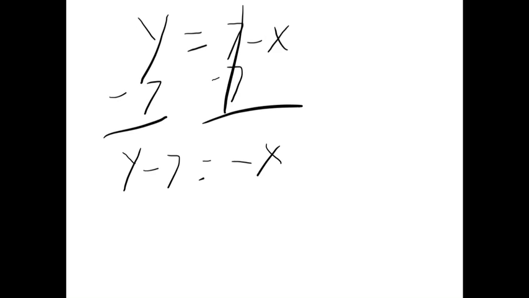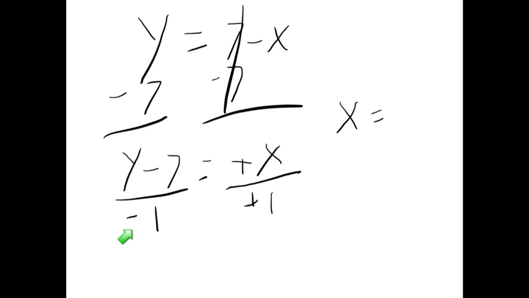Now to get rid of a negative x, we have to divide by what's in front of the x. In this case, it's a negative 1. So divide both sides by negative 1. That makes these both positive, and x divided by 1, of course, is just x, and it equals, well, this is a little problem here.